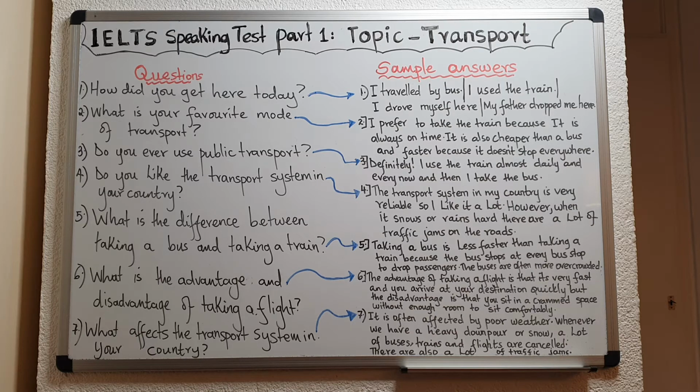I have stated my favorite mode of transport, which is taking the train, and I have given a few reasons why. 1, because it's always on time. 2, because it's cheaper. And 3, because it's faster. It gets me there as soon as possible. And the reason for that is because it doesn't stop at every bus stop.